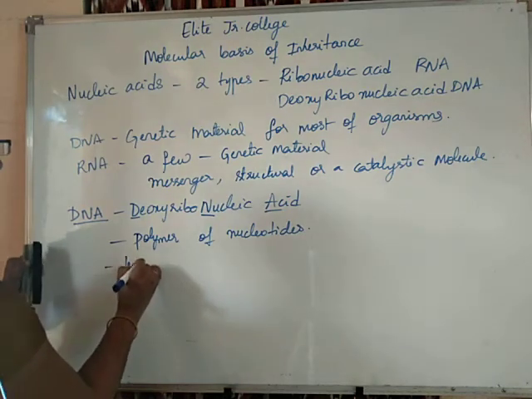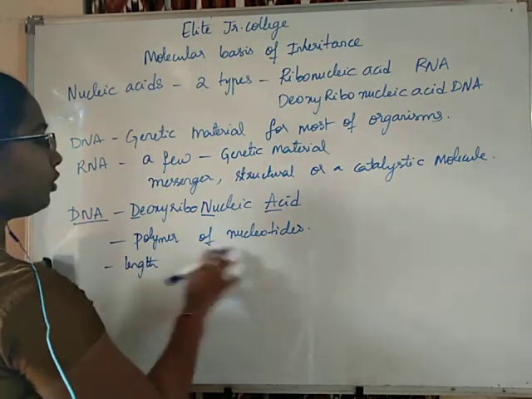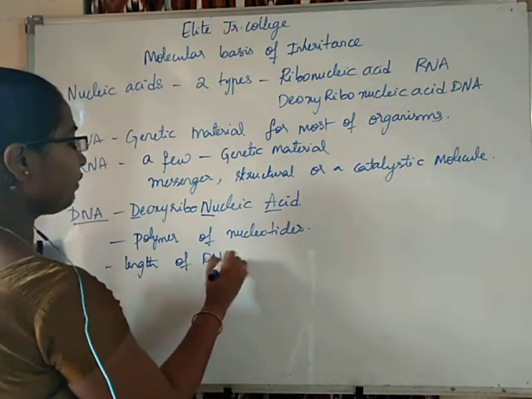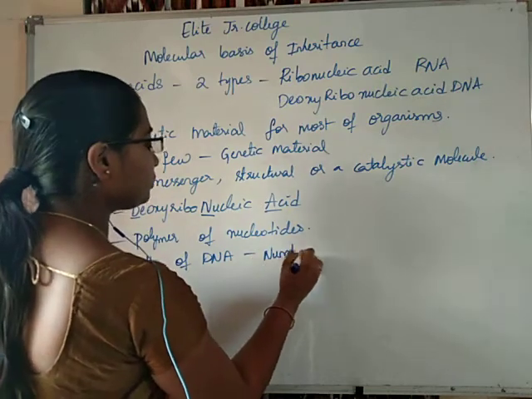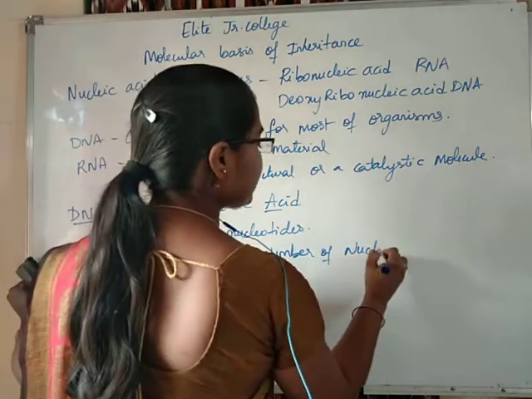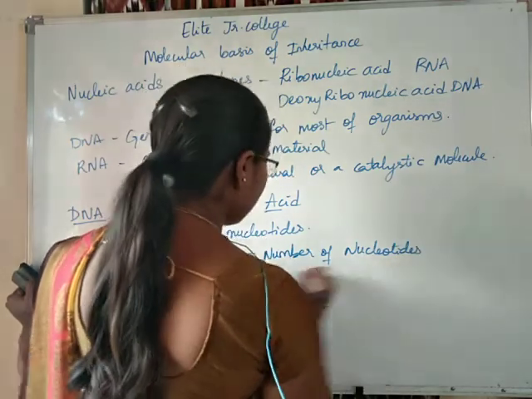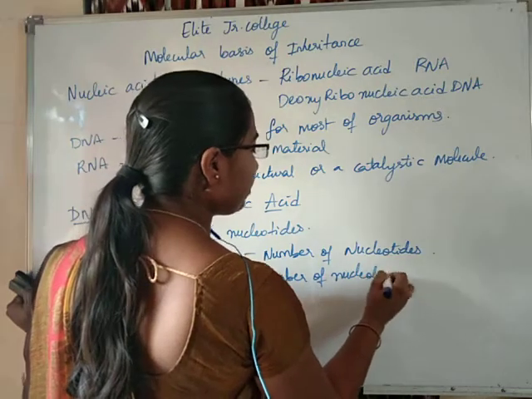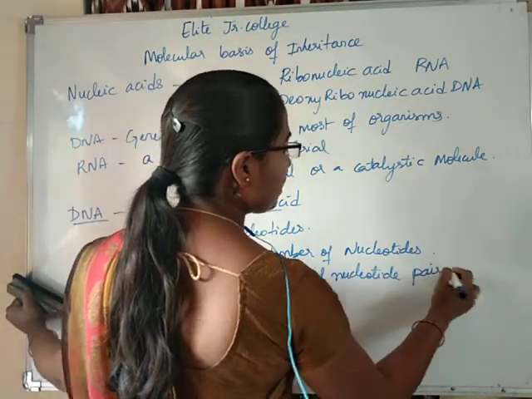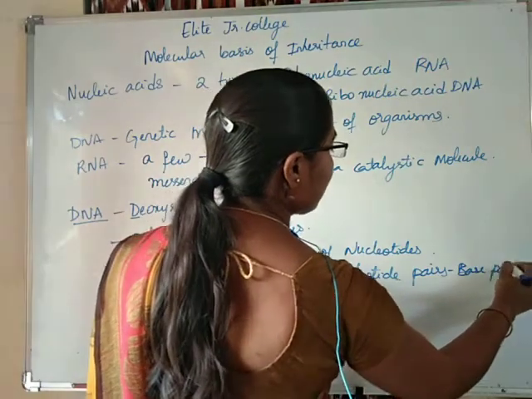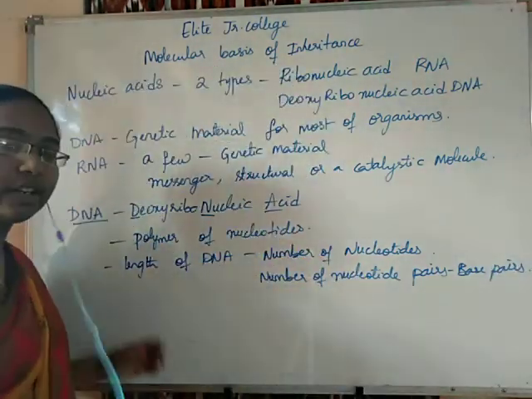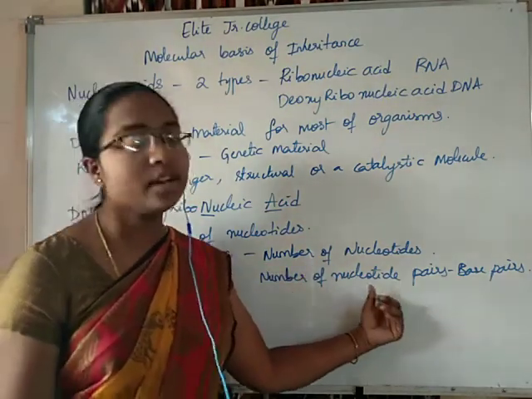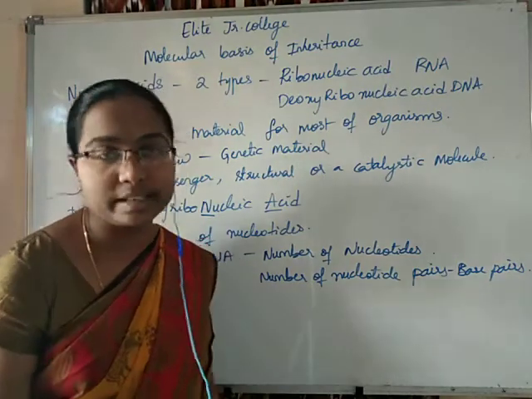So, the length of DNA will be identified by the number of nucleotides or the number of nucleotide pairs, which are called base pairs, okay.